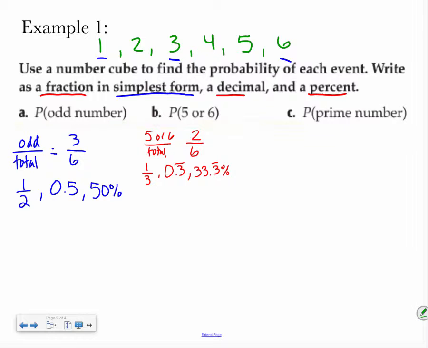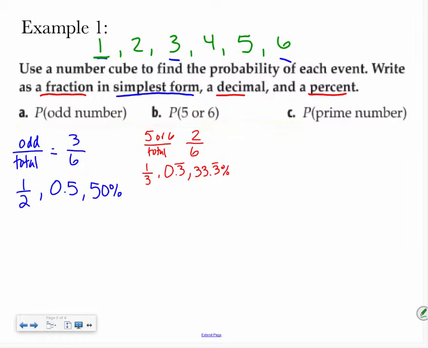And let's look at our last one. What's the likelihood of it being a prime number? A prime number we haven't talked about a lot, but a prime number is any number that doesn't have other numbers that multiply to it. So we could have a 1.